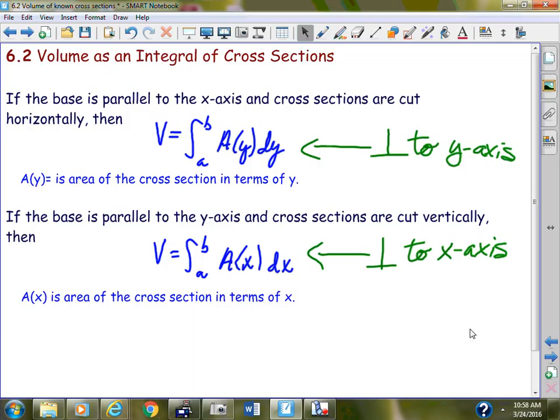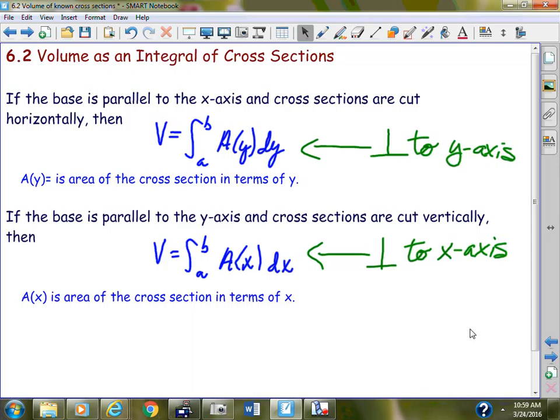All right. So in looking at this integral, that really is what we're talking about. We're going to find the area A at y or A at x. A at y or A at x is standing for the area of that cross-section shape, the area of the base of that slice, so to speak. What do you think the dy or the dx is standing for? In terms of the slice of the meat, what would the dy or the dx be?